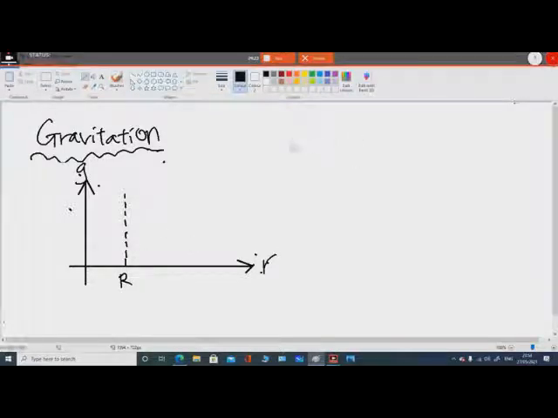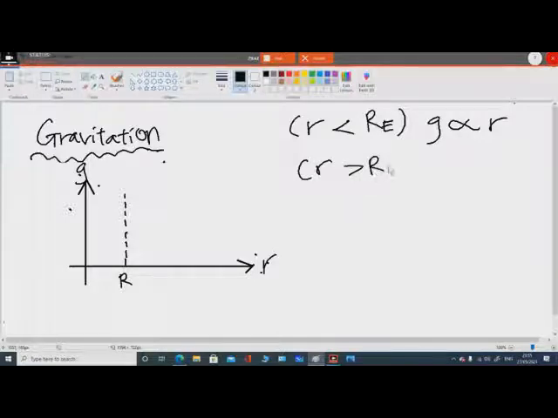So we know that when r is less than the radius of the Earth, g is directly proportional to the distance. When r is more than the radius of the Earth, g is inversely proportional to the square of the distance between the Earth and the object.